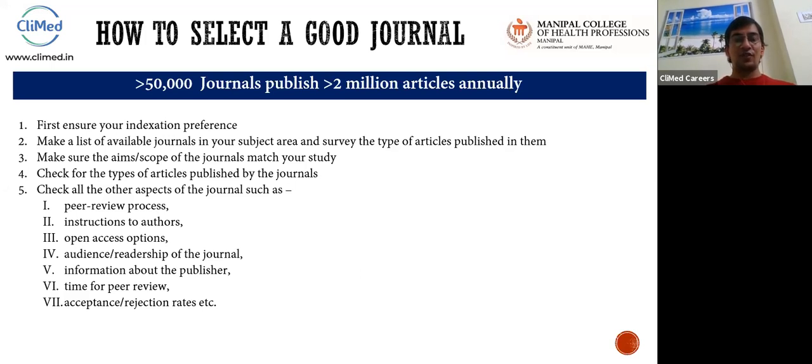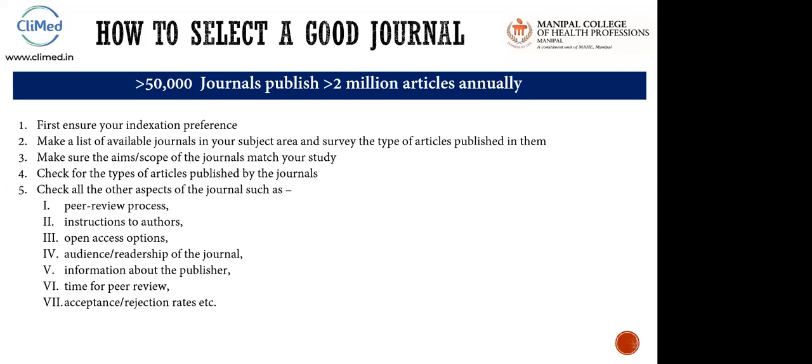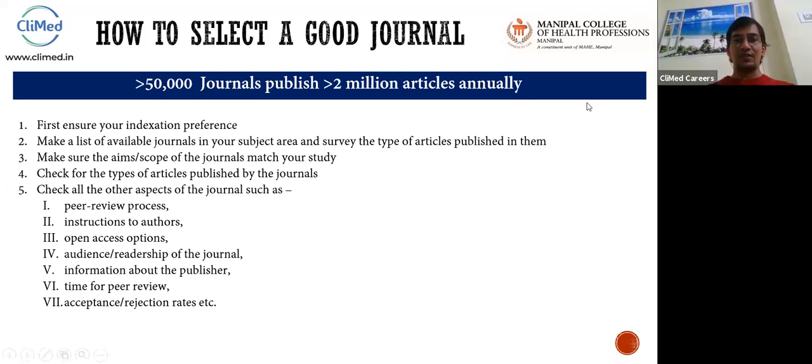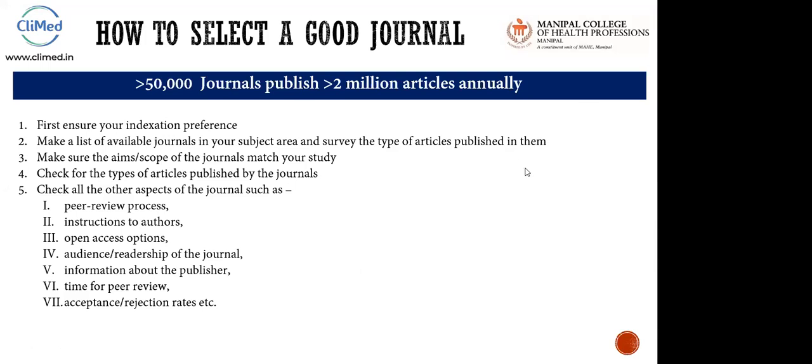They do not give phone numbers, they do not give email IDs, or they just give some fake email IDs, or they do not even mention the publisher's name. So you should never go to a journal which is not showing the information about the publishers. Okay, you should never go to that kind of journals.